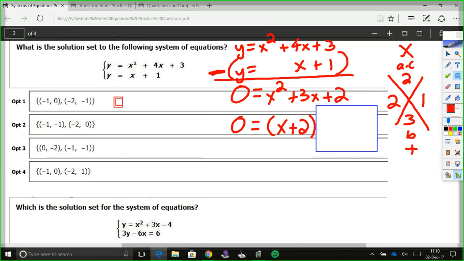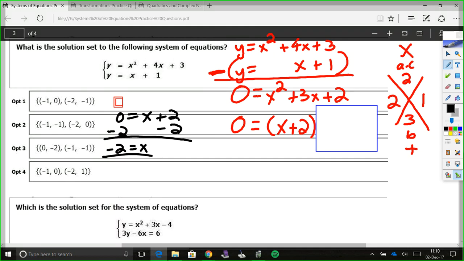Let's do that over here. Alright, anyway. I've got 0 equal to x plus 2. Of course, if you solve it, you subtract 2 on both sides. You're going to have negative 2 equal to x.